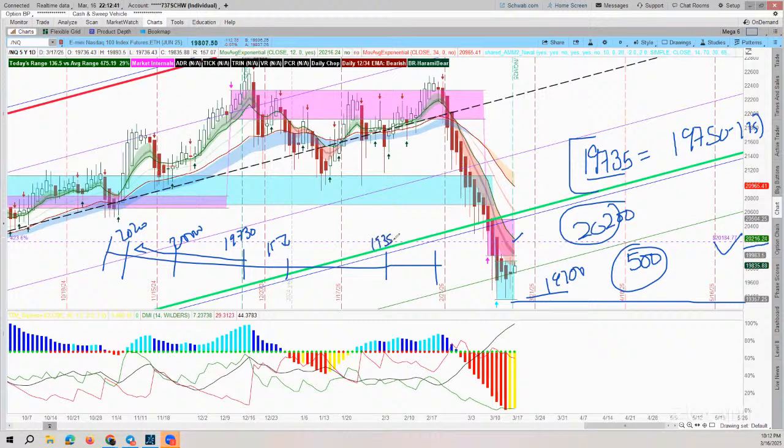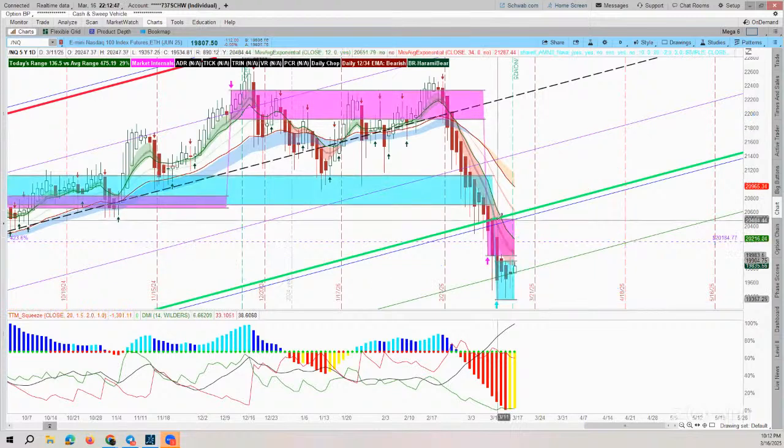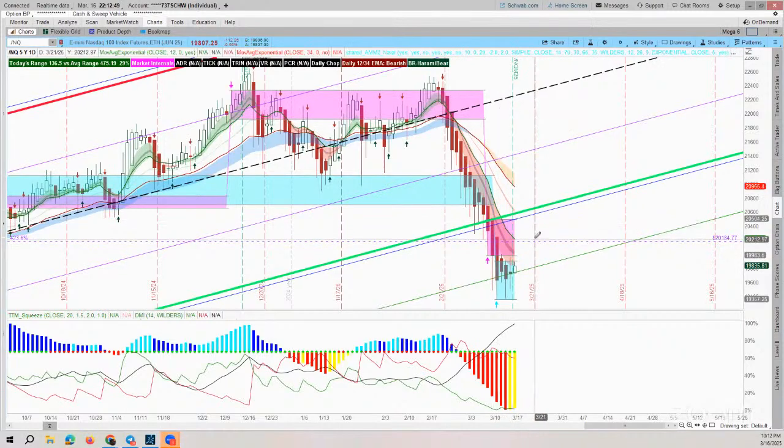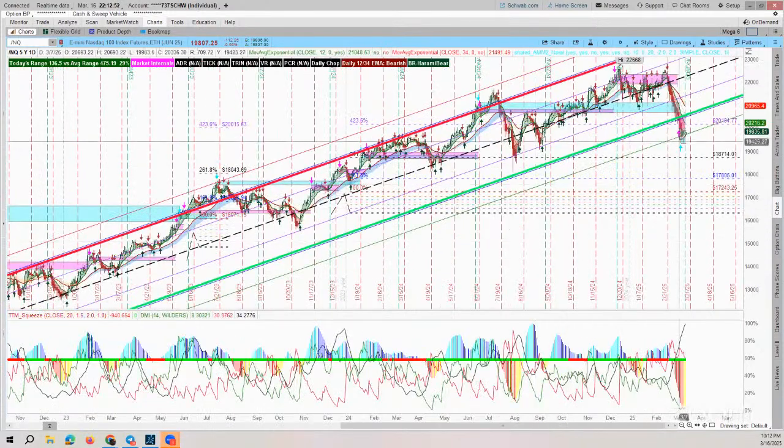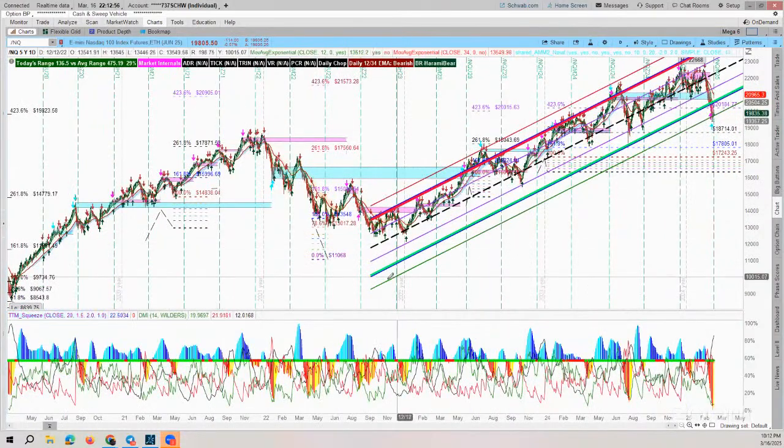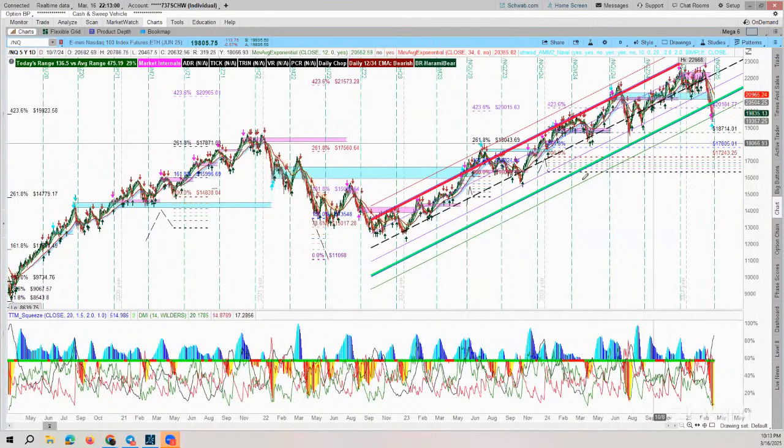19,350 is my area. And comparatively, Nasdaq has already lost this green line, which ES has not. So if you see, it is coming to a very important juncture. It has not seen this line in the last, like, people compare it with 2018, 19.